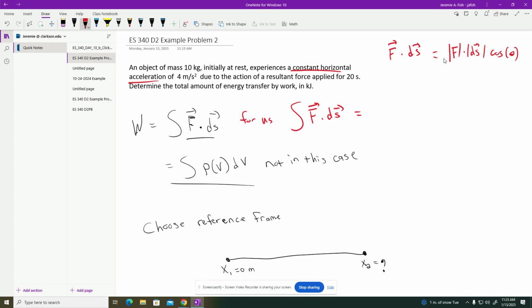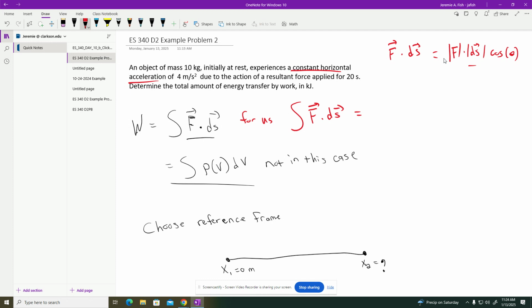the force is obviously going to be all horizontal, and the distance is also going to be all horizontal, the ds. The cosine of the angle between those two is going to be 1, because they are facing in the exact same direction.